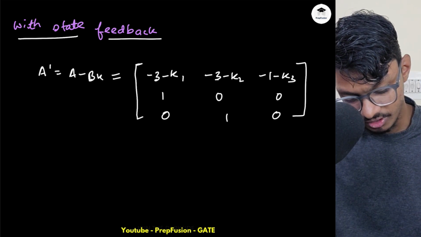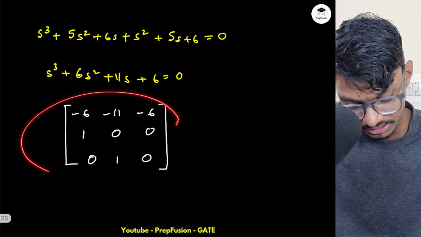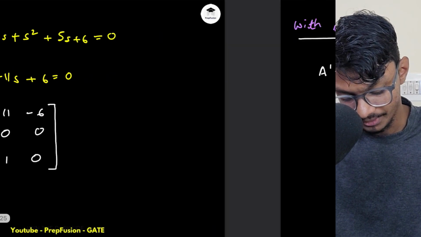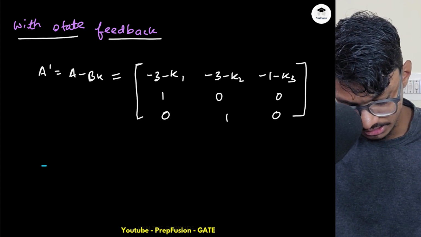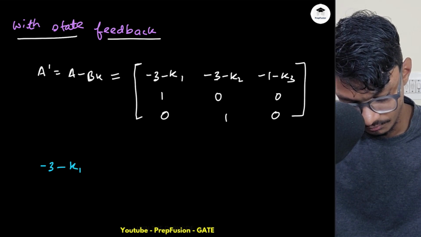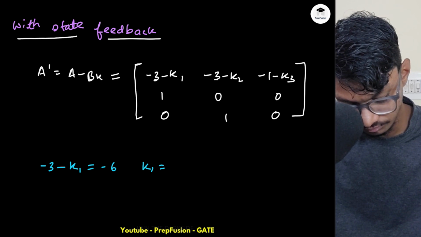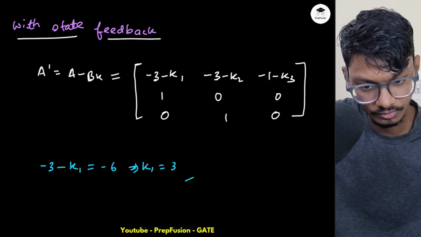Now I have to compare this new system matrix with the desired one, so they should be the same. So -3 minus K1 should be equal to -6. So K1 equals 3.